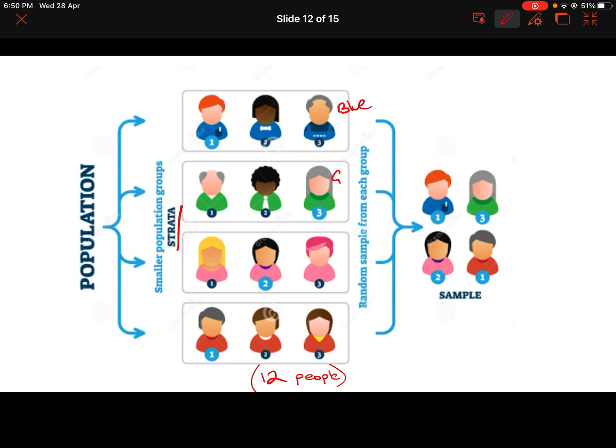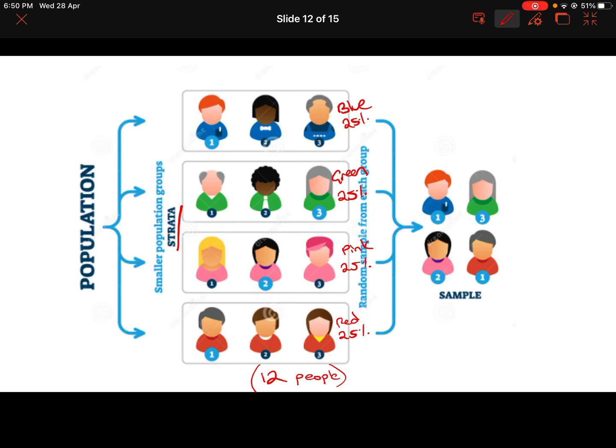We've got a subgroup of people who wear green, pink, and red. And we can see here the proportions of these subgroups that occur in the population. So blue shirts make up 25% of the population, green 25, pink 25, and red also 25.